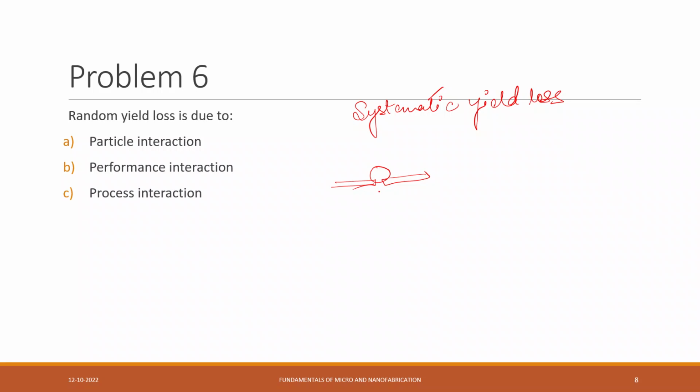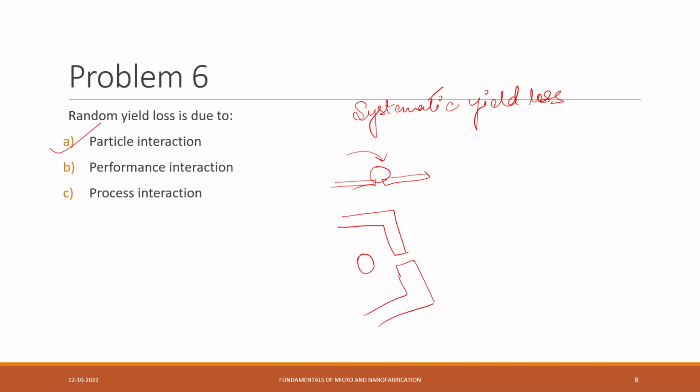Such things are random. Something can come and affect your circuit. At other times, if you have a circuit like this and the interconnect like this, the particle may be here and it will not affect your circuit. Such things can happen and it is completely random. So this will be the correct one.